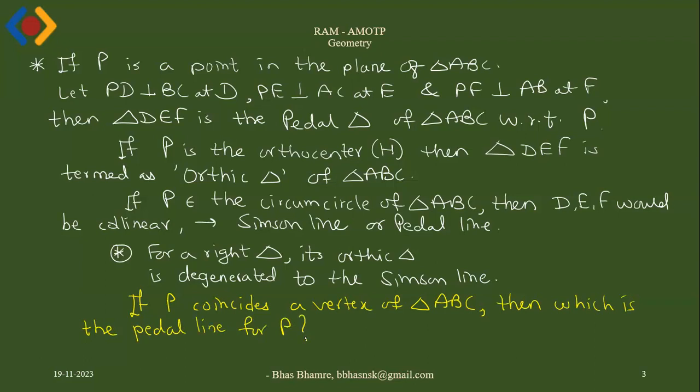What would be the pedal line for P? Can you tell? Suppose it coincides with vertex A, then what would be the pedal line with respect to P? Can you guess? The pedal line is the line passing through the perpendicular feet drawn from the point.